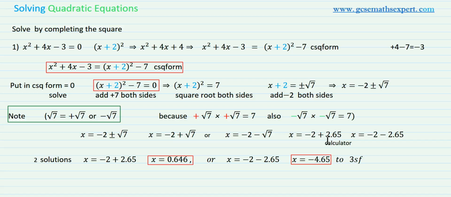Minus 2 plus the square root of 7, and use a calculator for this, is 0.65. So that's one answer, or x will be minus 2 minus the square root of 7, which is minus 4.65. These are both to three significant figures.